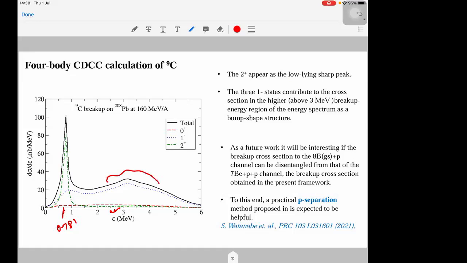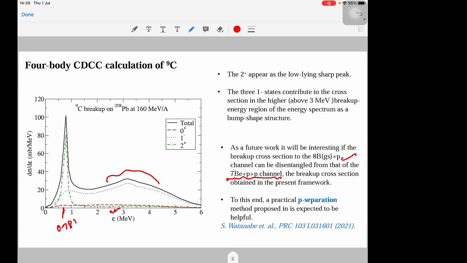Now, as future work, it will be interesting if the breakup cross-section to the 8 boron plus p channel can be disentangled from this 3-body channel, or 4-body channel, I would say. To achieve this aim, we think that the practical p separation method that was discussed in the last reaction seminar last week by Watanabe-san is expected to be helpful.